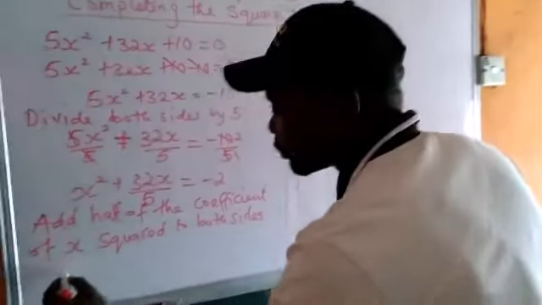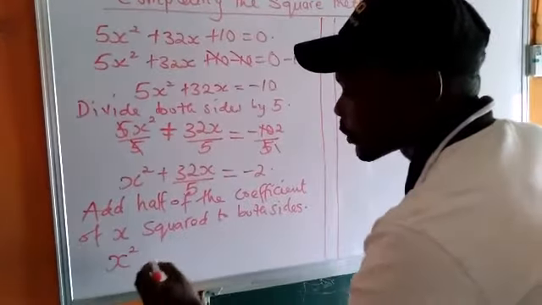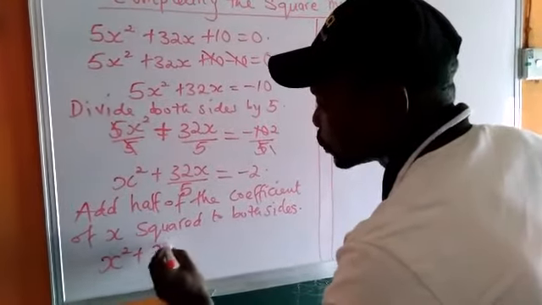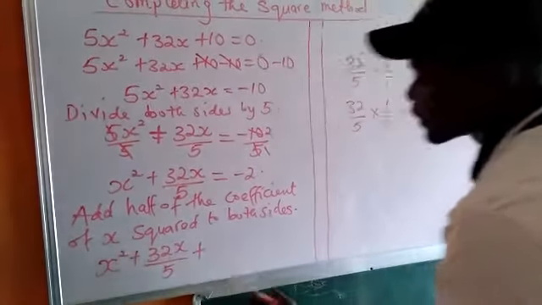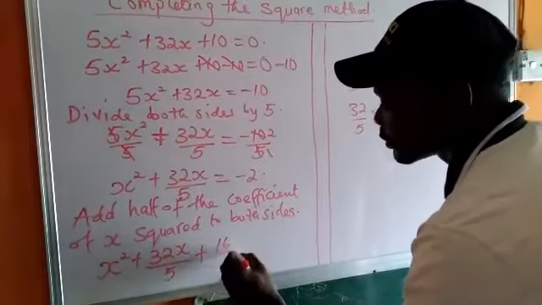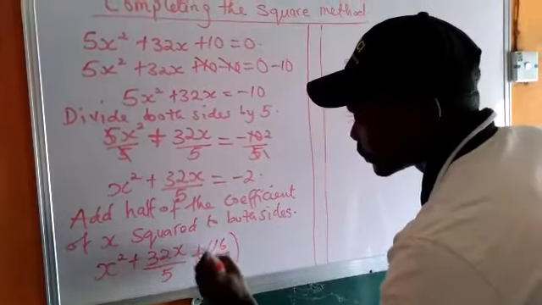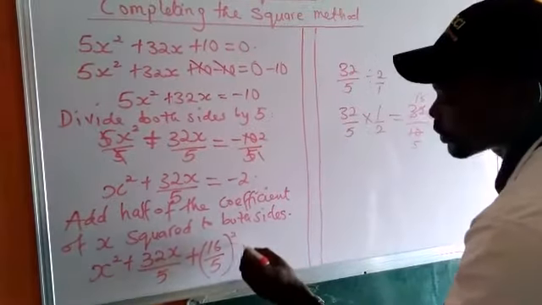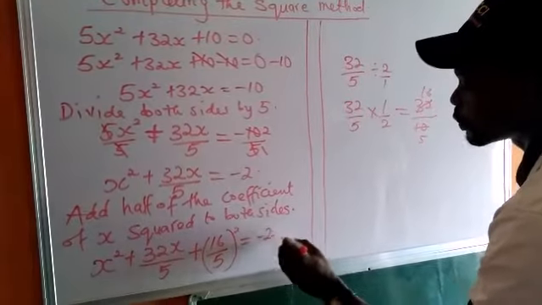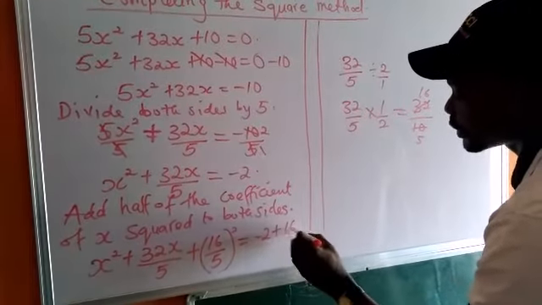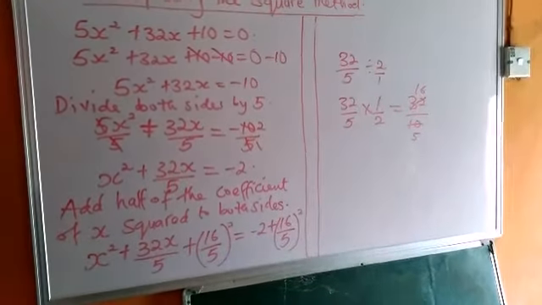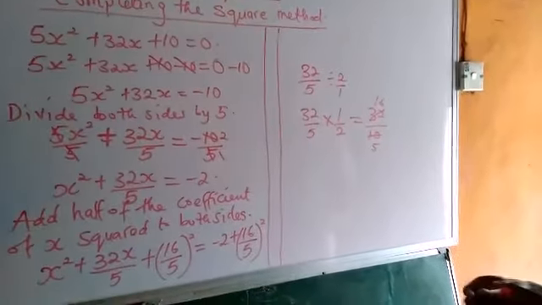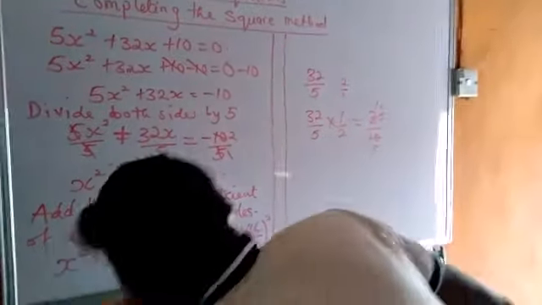So you square this 16 over 5, then you add it to both sides. That will give you x squared plus 32x over 5 plus 16 over 5 squared equals minus 2 plus 16 over 5 squared. So now we proceed.